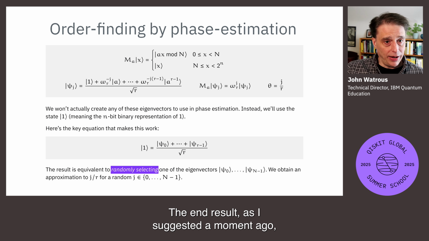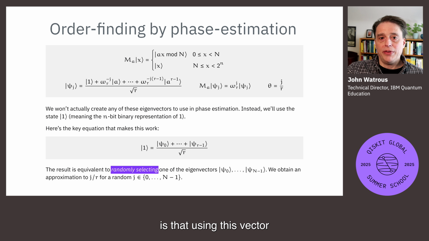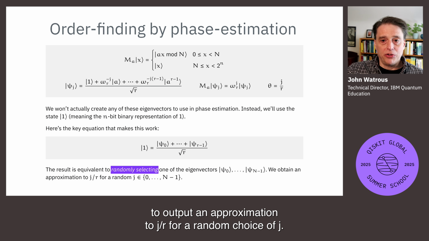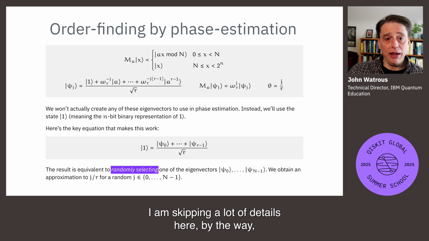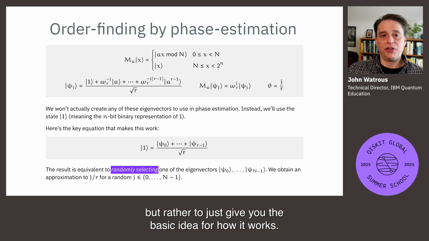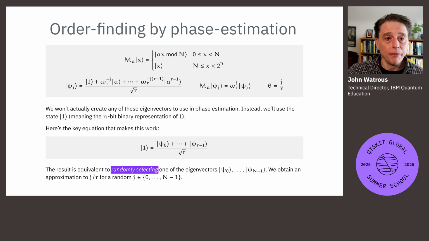The end result, as I suggested a moment ago, is that using this vector in place of an eigenvector will cause the phase estimation procedure to output an approximation to j over r for a random choice of j. I am skipping a lot of details here, by the way. The point here isn't to explain this in its entirety, but rather to just give you the basic idea for how it works.